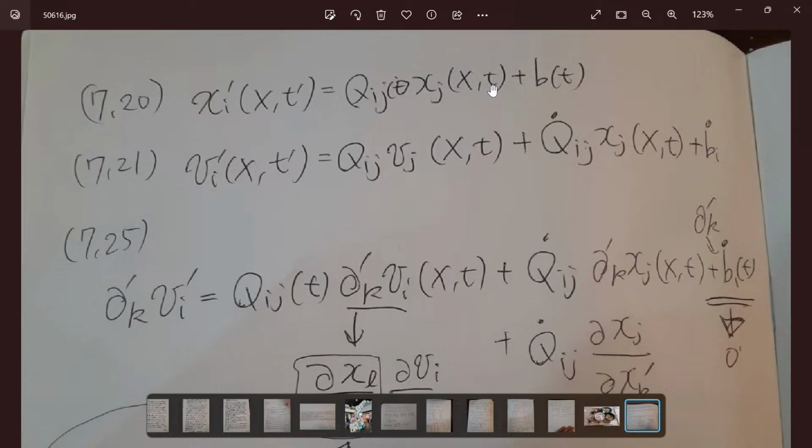Okay. Then in the material coordinate, we have primed material coordinate and unprimed material coordinate. And there is a relation between primed and unprimed material coordinate. So first, the unprimed coordinate has to be rotated according to qij. Then the origin should be changed by some function of time only.